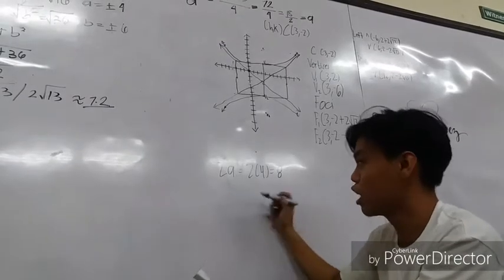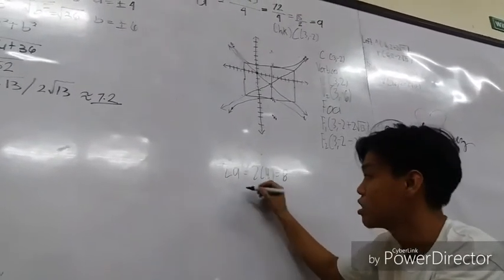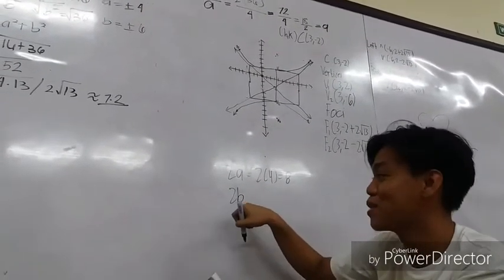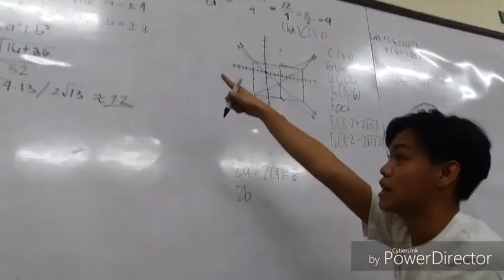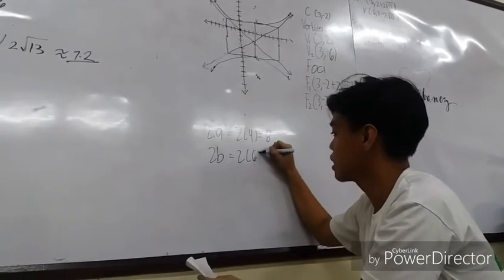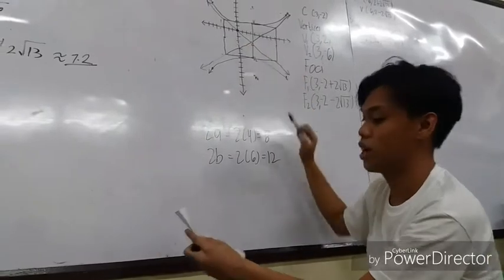Then the conjugate. Now I'm going to find the conjugate axis. So its formula is 2b. Same again, substitute b by 6. So 2 times 6 is equal to 12.